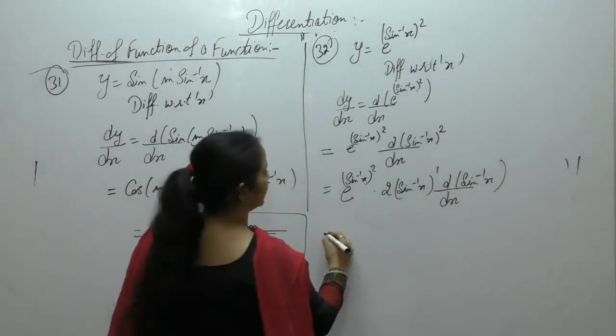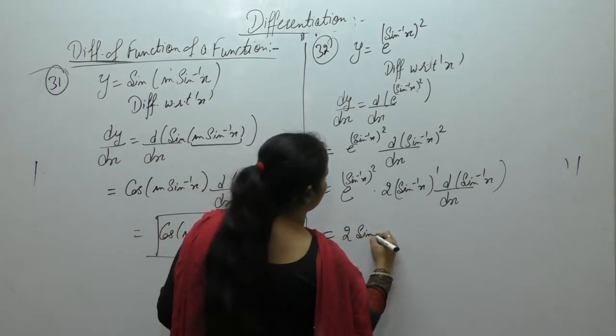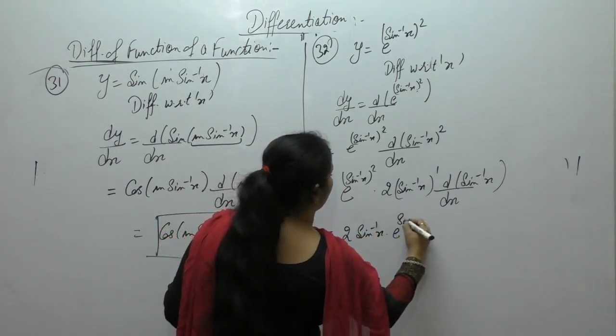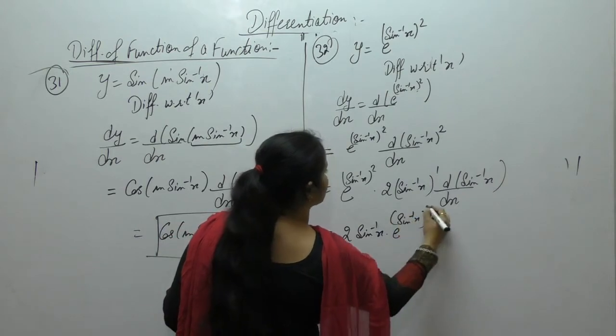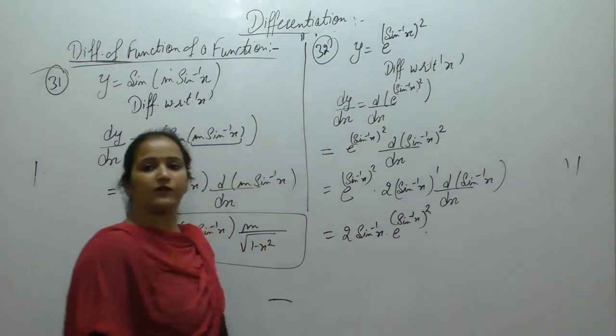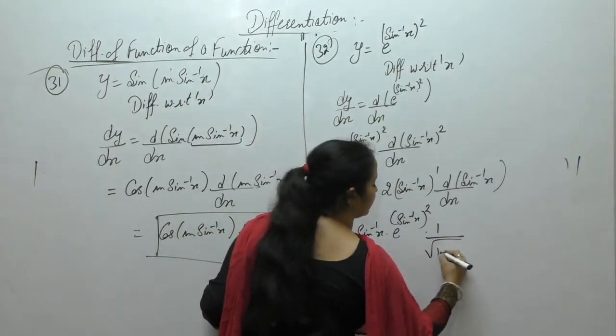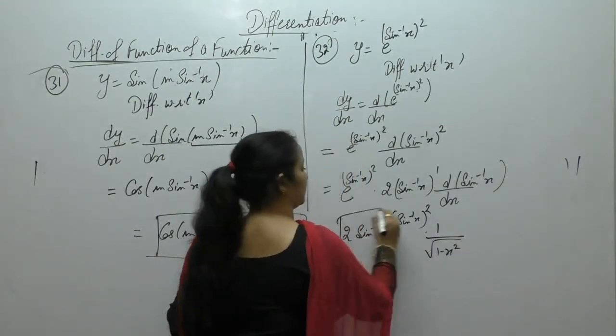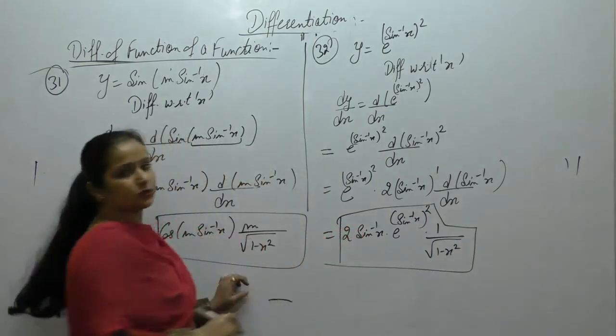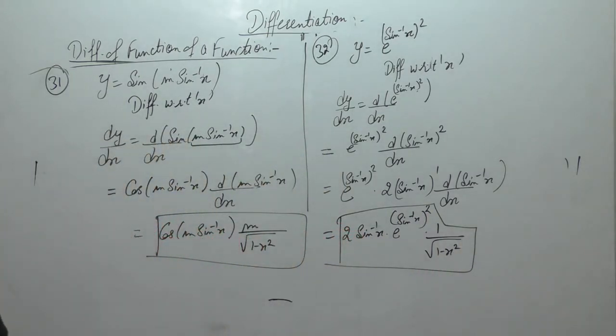So what we get is 2 sin⁻¹x · e^((sin⁻¹x)²) · 1/√(1 − x²). Note it down.